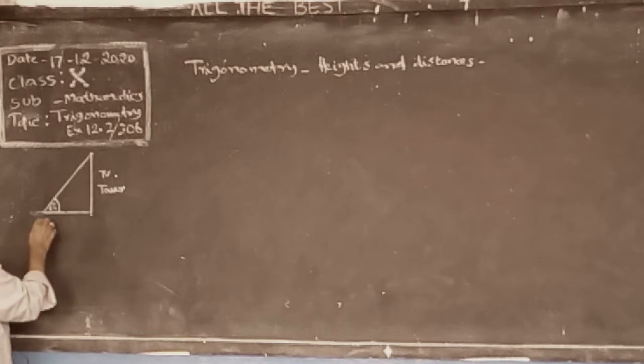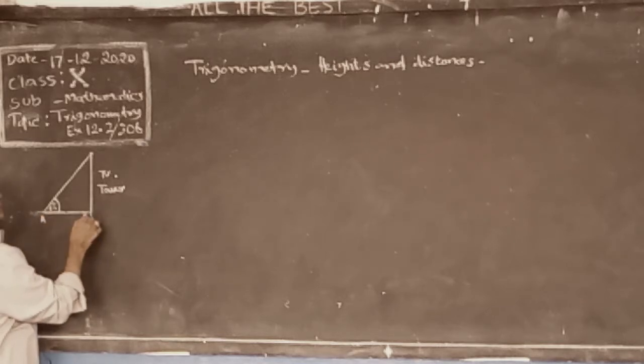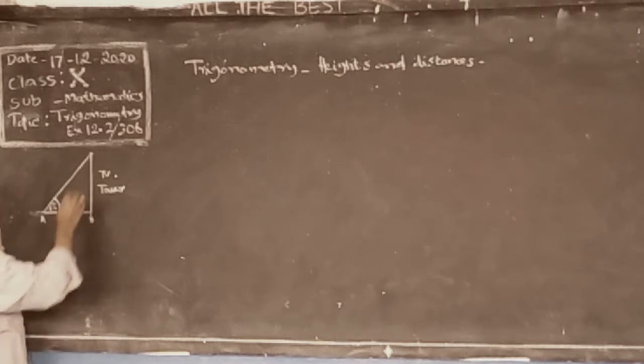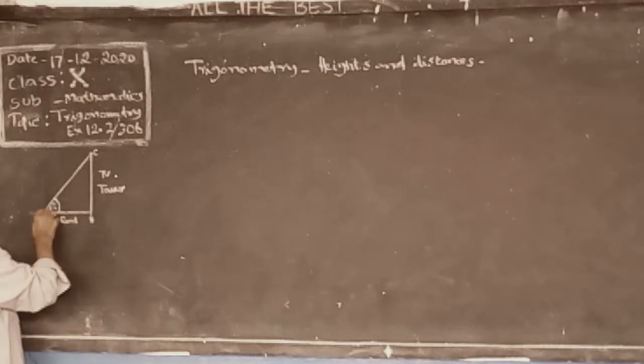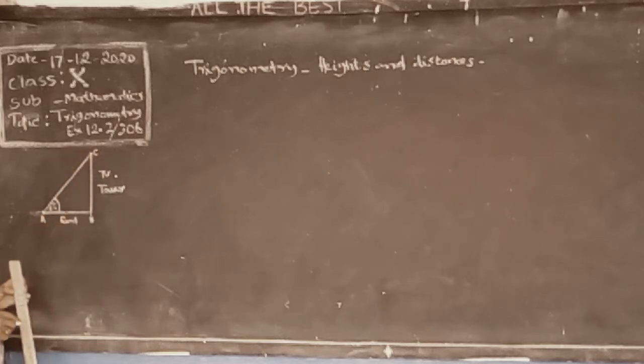Now name the triangle. AB is the width of the road. BC is the height of the TV tower. Person is at A, observing the top of the TV tower with the angle of elevation 60 degrees.